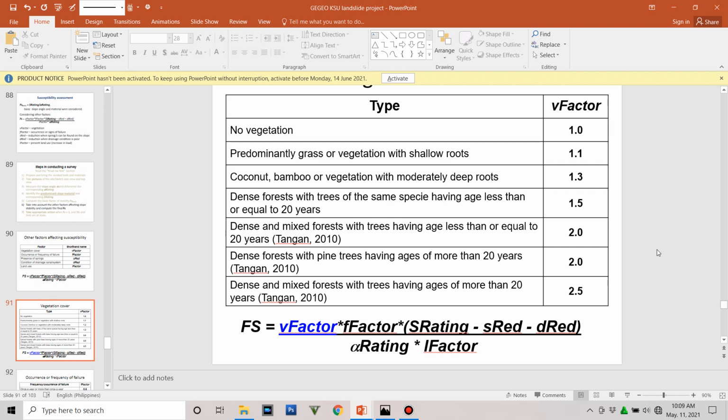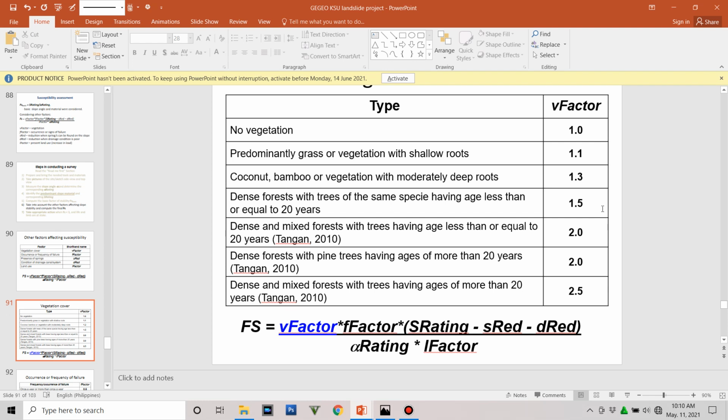For the scoring of the V factor, it is categorized with no vegetation. Pag walang vegetation, it will remain 1.0 ang factor. And then predominantly grass or vegetation with shallow roots, 1.1. Coconut, bamboo, or vegetation with moderately deep roots, that is 1.3.